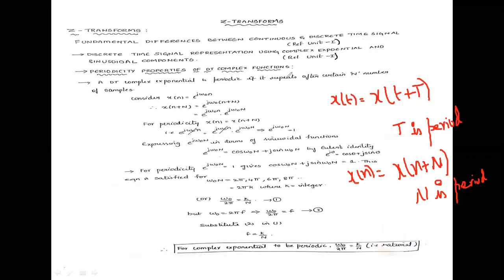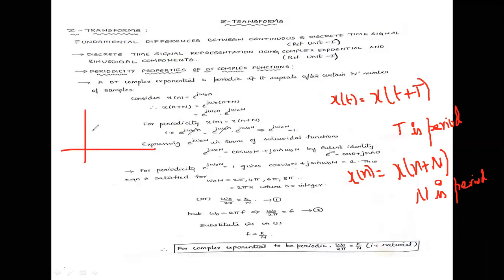Coming to the complex functions: a discrete time complex exponential is periodic if it repeats after a certain number N of samples. Periodicity means it repeats after that.